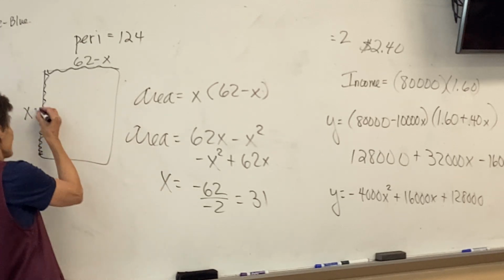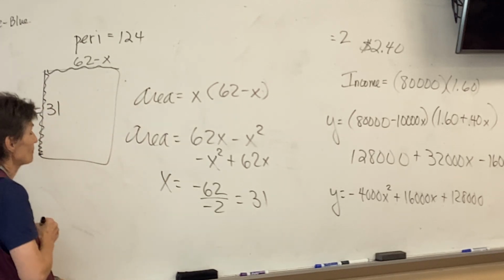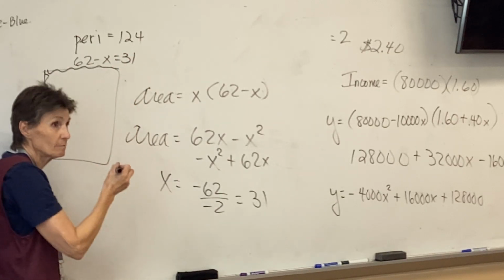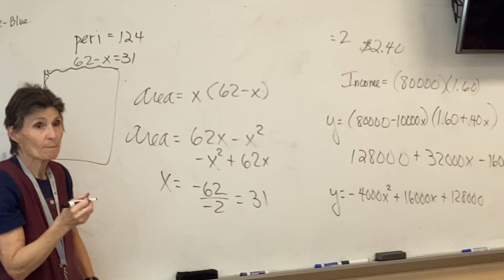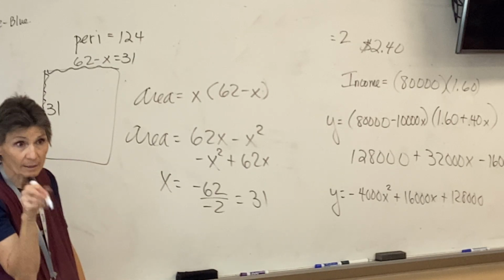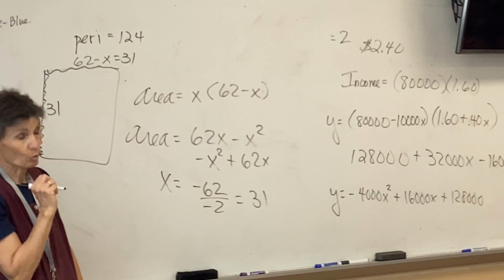So if x is 31, 62 minus x is also 31. So what are the dimensions of the biggest picture? 31 by 31, a square.